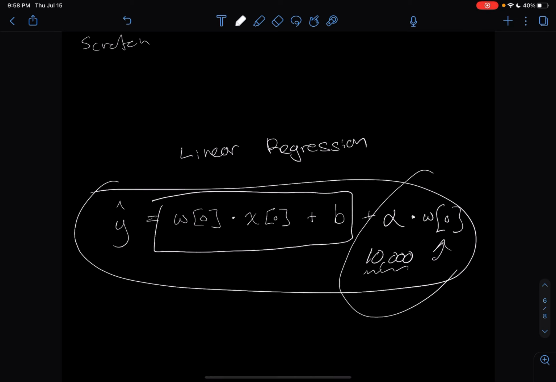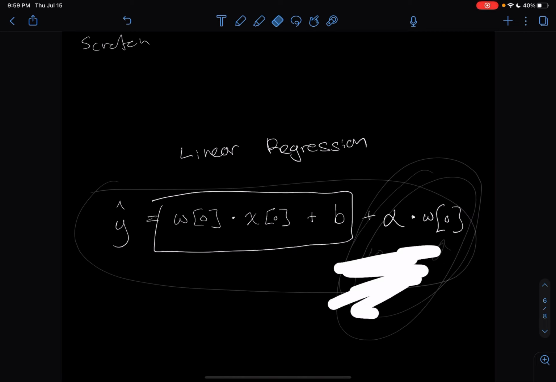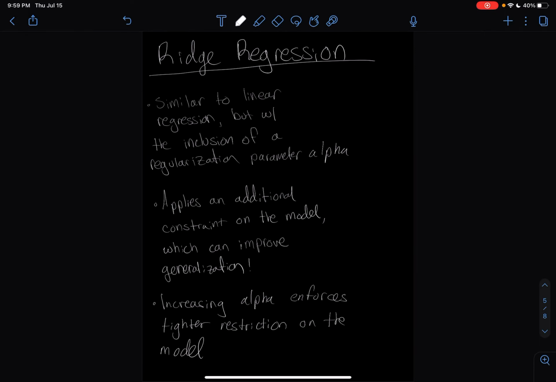We want this term to be basically non-existent when we're comparing the predicted value to the ground truth value. That technique, as you'll see in all kinds of machine learning, is called regularization.